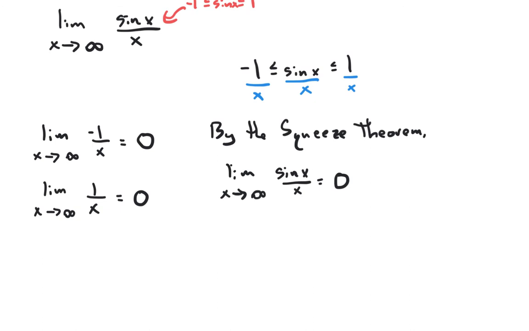And if I was to sketch this, I'm just going to kind of sketch it over towards infinity. I'm not going to care about what happens towards 0. If I sketch this, well, it's going to oscillate between positive and negative, but the denominator is going to make the numbers smaller and smaller in magnitude, so it's going to go towards 0.